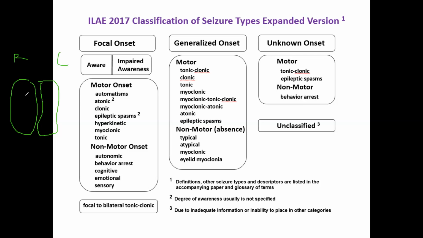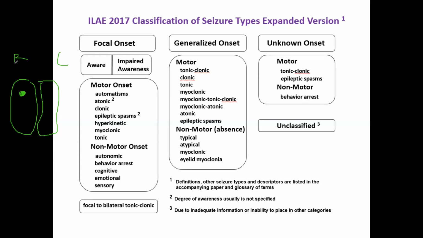So focal onset is basically a seizure that originates from one side of one cerebral hemisphere and it remains within that hemisphere, or it remains within that focus where it originates from. So your clinical features, your tonic movements or clonic movements, or the tingling sensation, whatever, will depend on the site of origin. And also if it remains in one cerebral hemisphere, you will see the clinical features only on one side.